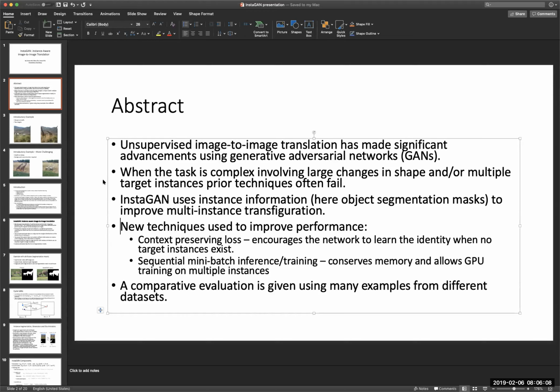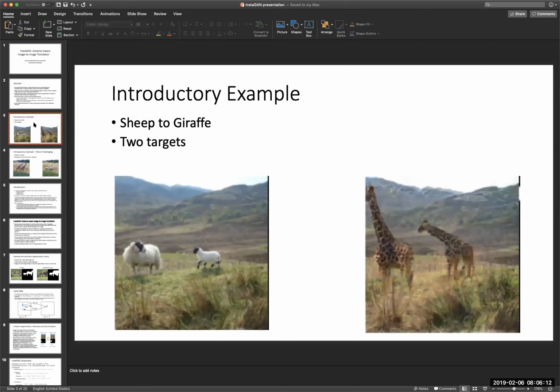So I'll begin by giving a very introductory example. And so this translation is from the domain of sheeps to the domain of giraffe.